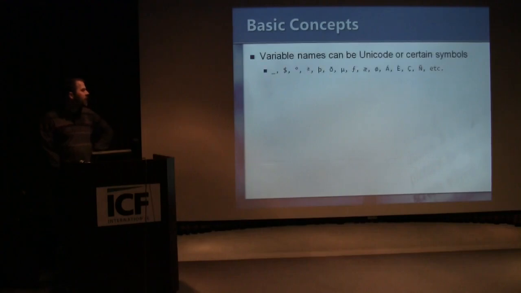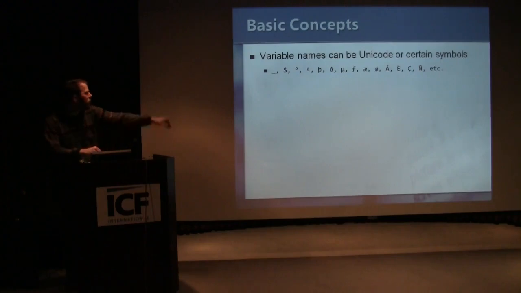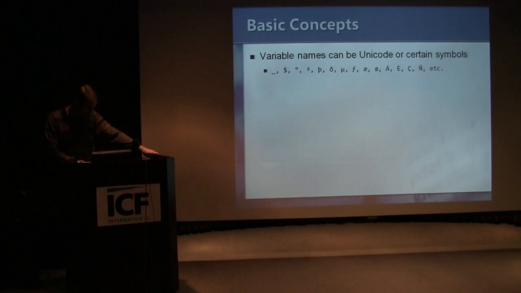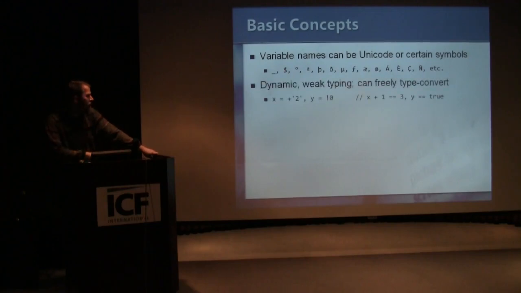So, basic ideas behind this. First of all, variable names don't have to be letters to start with in JavaScript. You can pick Unicode symbols. You can do underline or, of course, the little jQuery $ sign, so that's helpful. A key aspect of JavaScript is the dynamic weak typing, and you can type convert till the day is long.